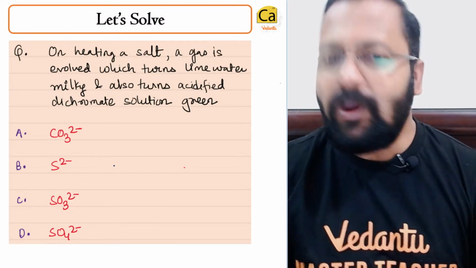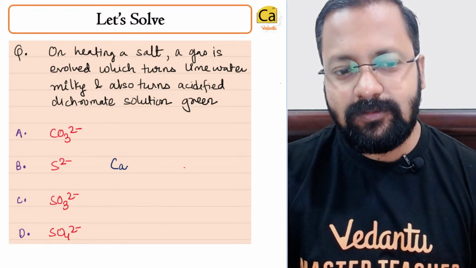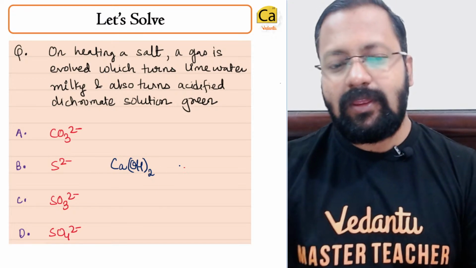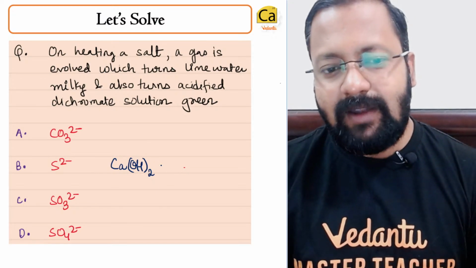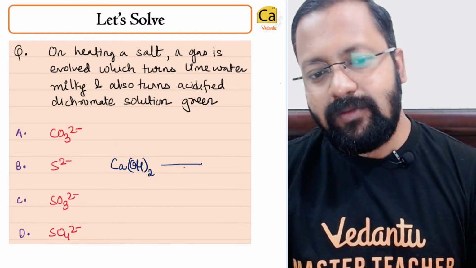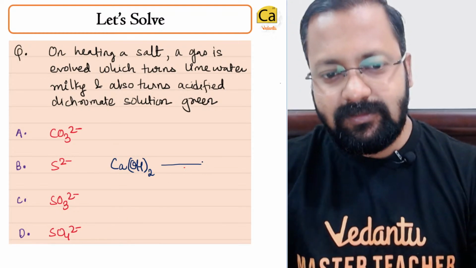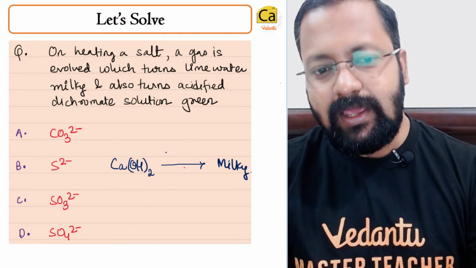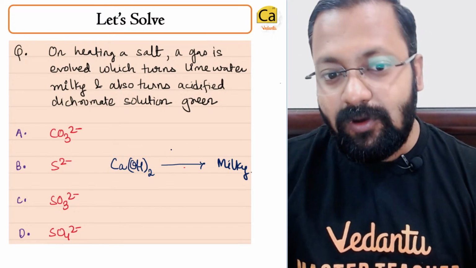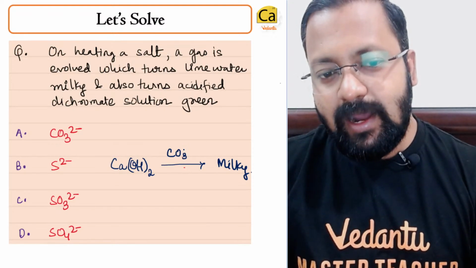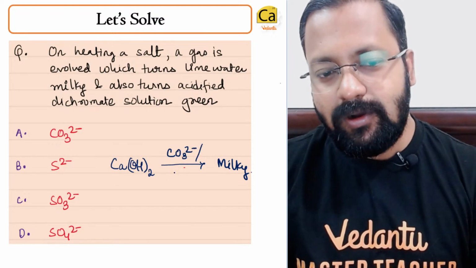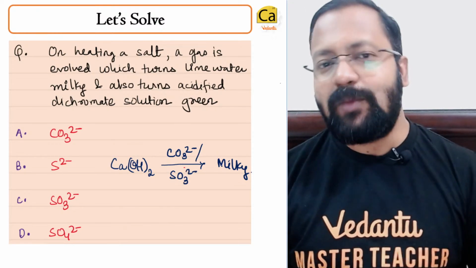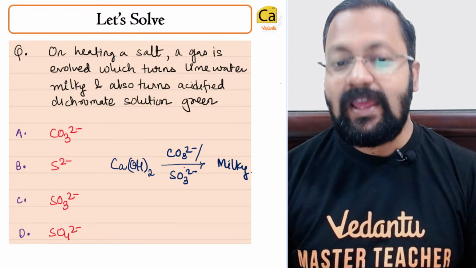So remember, if you have lime water, it will turn milky by the usage of carbonate or sulfite. You can use two of them, carbonate or sulfite.